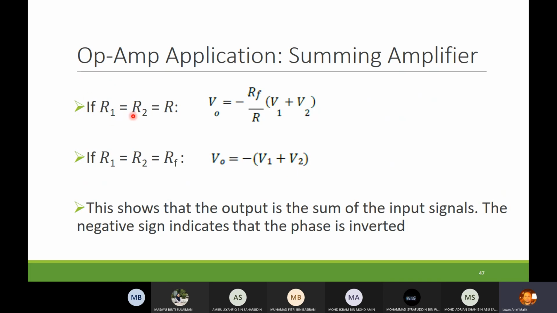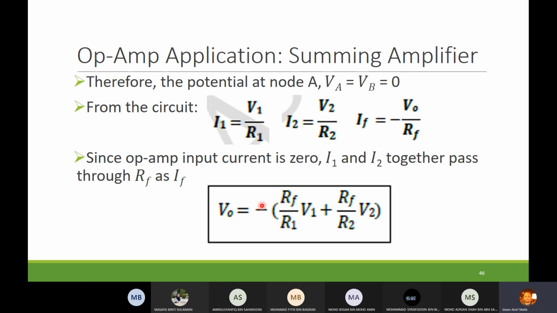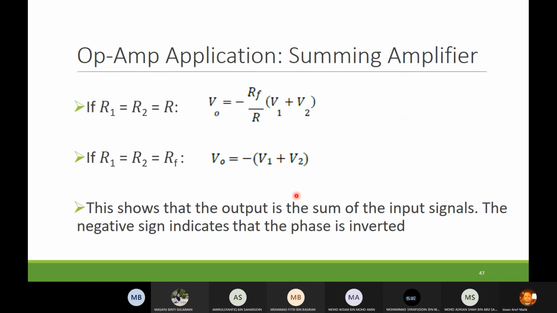So if R1 equivalent to R2 and equivalent to R, so kita akan dapat V0 dia. This is the equation. So kita gantikanlah nilai R1 ni dekat dalam persamaan ni. If R1 equivalent to R2 equivalent to RF, so kita akan dapat this as the equation. So this shows that the output is the sum of the input signals.